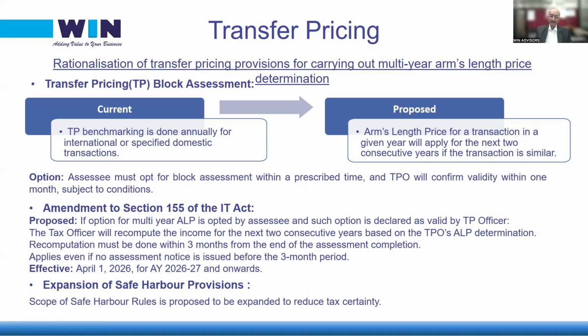The safe harbor provisions are also very beneficial, wherein if your transaction is within those boundaries, then you can very well take it and I'm safe in terms of my transaction being within the permissible limit. There were some transactions which have already been there. Now they said we will include a few more transactions under the safe harbor provision. Of course, once it comes out, it will be notified.